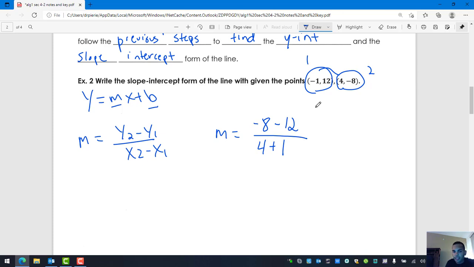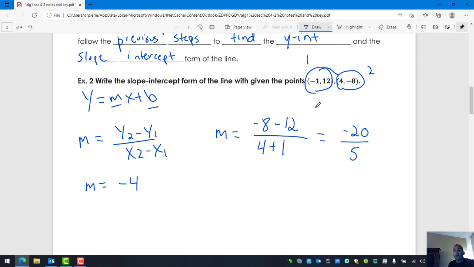Okay, so to find my slope, I'll have -8 minus 12, which is -20, over 4 plus 1, which is 5. And if I simplify this even further, -20 over 5 simplifies to just plain old -4.